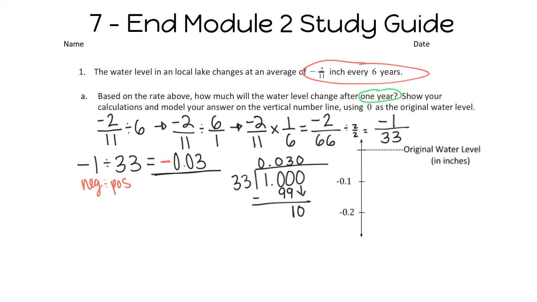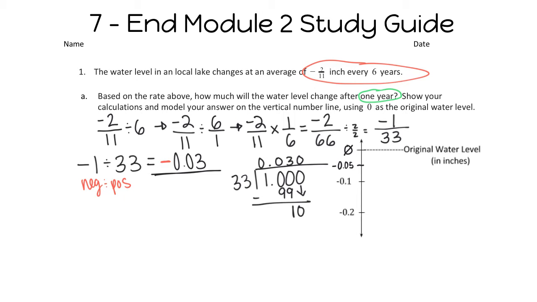So now let's look at our vertical number line and where to plot. So here's the original water level here at 0, and we are looking for -0.03. Here I have -0.1, and then here I know this is where we're going to have -0.05.